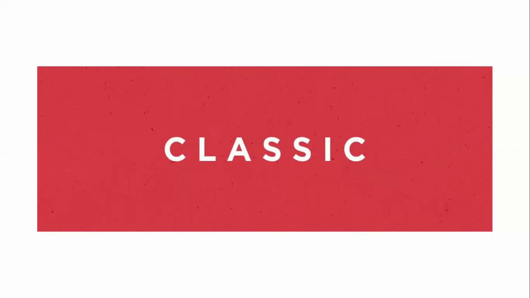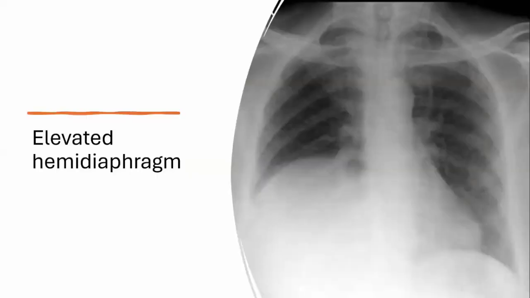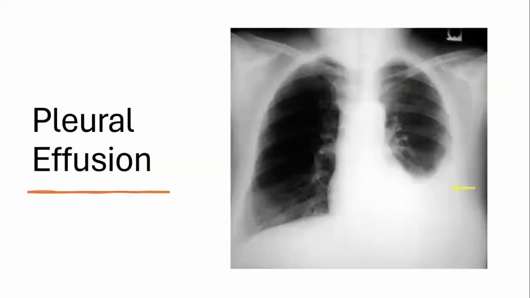So don't hang your hat on it, but nice to see if you have it on X-ray. So, I mean, straightforward. Elevated right hemidiaphragm, also numerous causes for that. Pleural effusion in the right population might be indicative of a PE, but also a wide differential for other diseases.